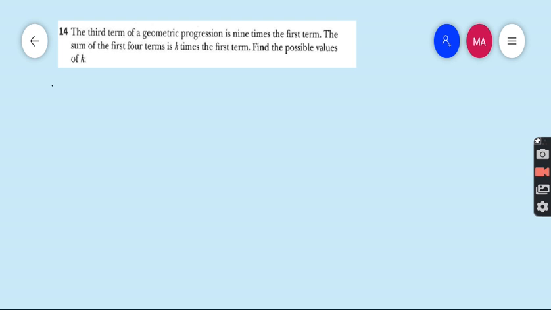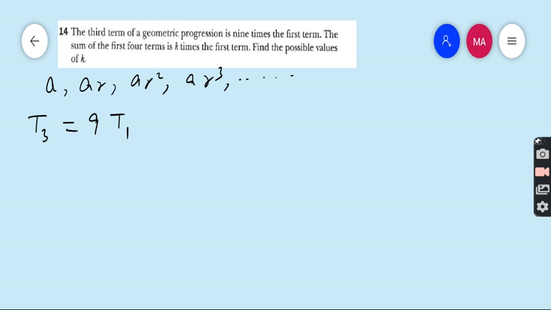You know, a geometric progression is a, ar, ar square, ar cube, and so on. This is a geometric sequence because the ratio is the same. Now according to the question, the third term, T3, is 9 times the first term, 9T1.